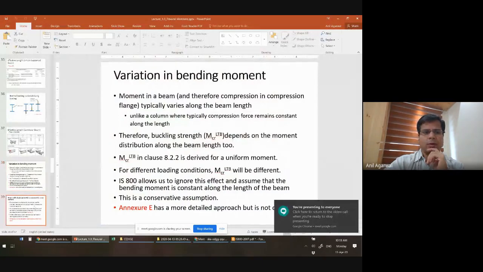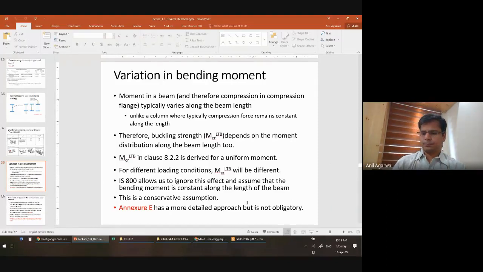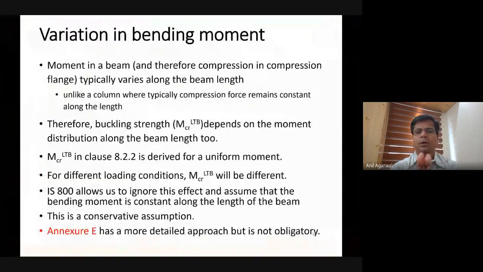Now there are a couple of assumptions that we had made in that process, and we have to address those and see what the effect is. One was, we had discussed this before also, in the derivation of M critical, that is the elastic lateral torsional buckling moment capacity of a beam, it was assumed that the bending moment through the length of the beam between the supports is uniform.